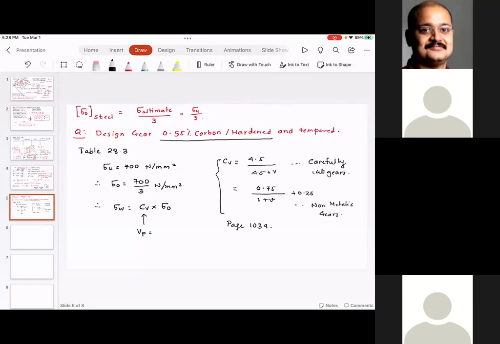I don't think I asked you any composite gears, because when you design a composite gear, the considerations are a little bit different. If you design a steel gear, because of the conducting property of the gear, you can easily take care of the heat dissipation. Let me take a step back.